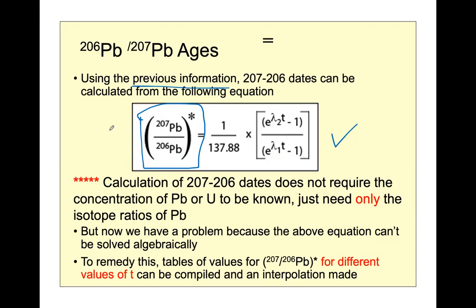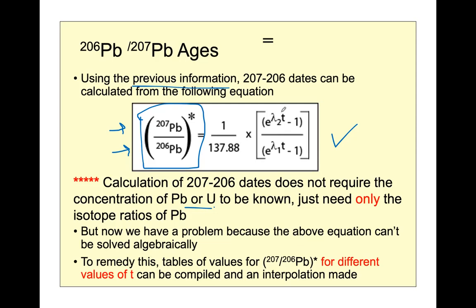So here you can see two systematics are combined together, 207 and 206, right? Two systematics are used here. So in this equation, there are no other terms involving uranium or lead. I mean, 207 is there, 206 is there as lead isotopes, but no other terms, and you don't have any uranium term there.